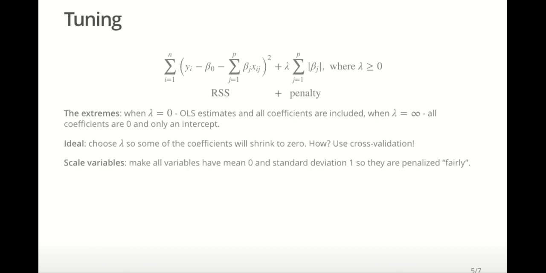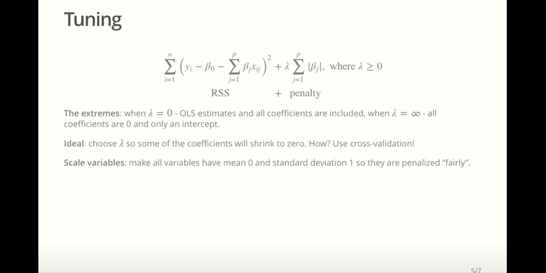So, as lambda gets larger, some of the coefficients will shrink to 0. These are typically the weaker predictors. Since some of the coefficients are shrinking to 0, this method is a form of model selection. Only the terms with non-zero coefficients are used in the model. We will use cross-validation to choose the best lambda.